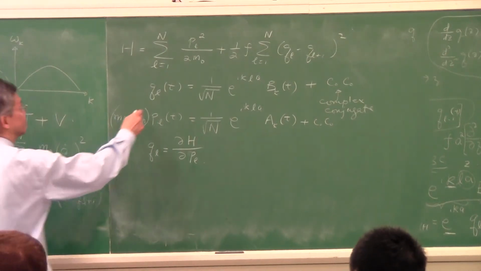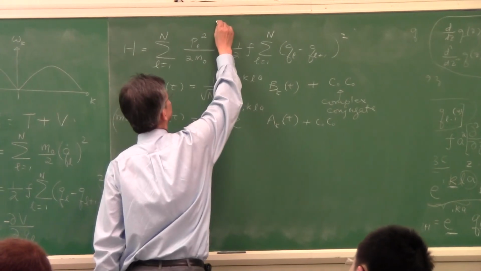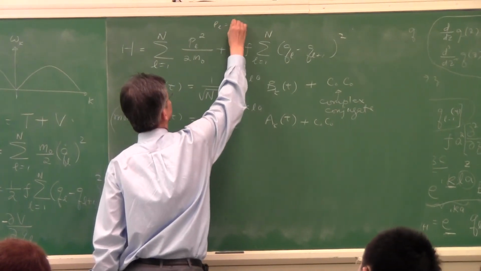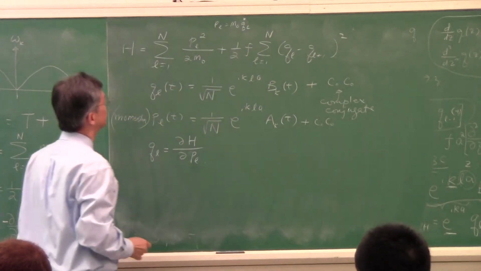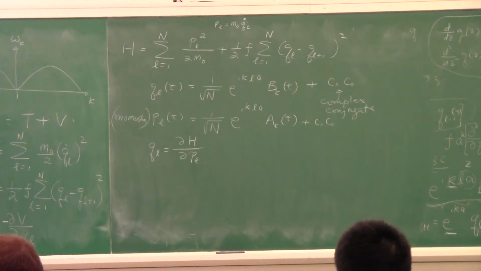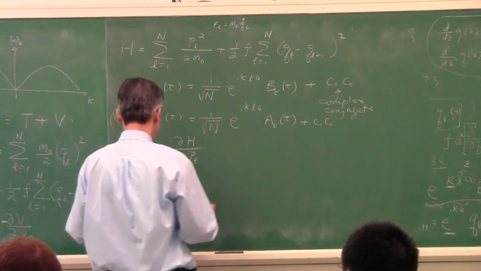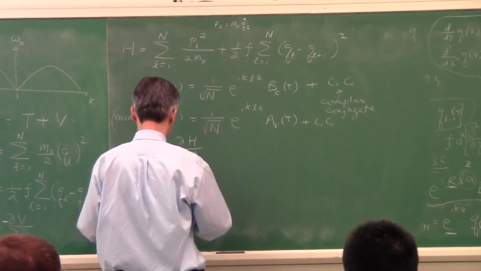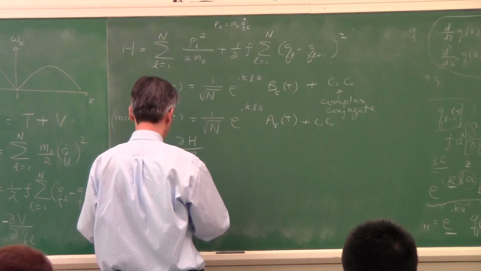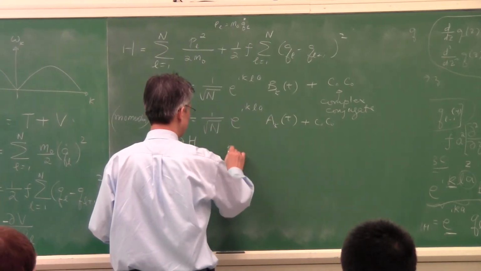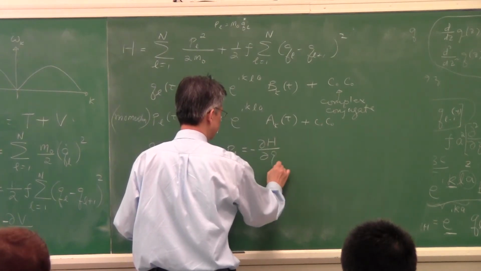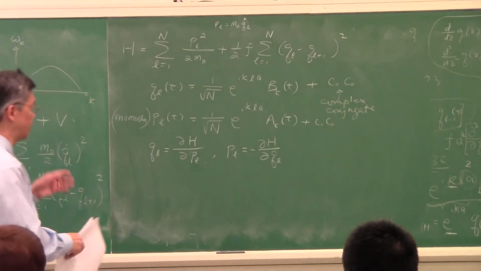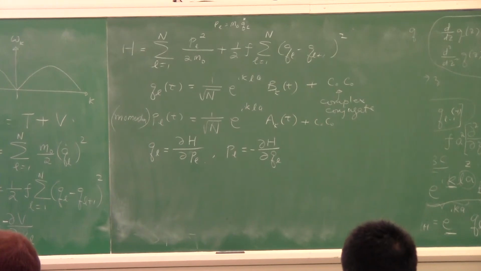And so this thing here actually is PL is M naught QL single dot. So the first term there is like a momentum, and then we can show from the equation of motion that the momentum is related to the derivative of the Hamiltonian with respect to Q in that manner.